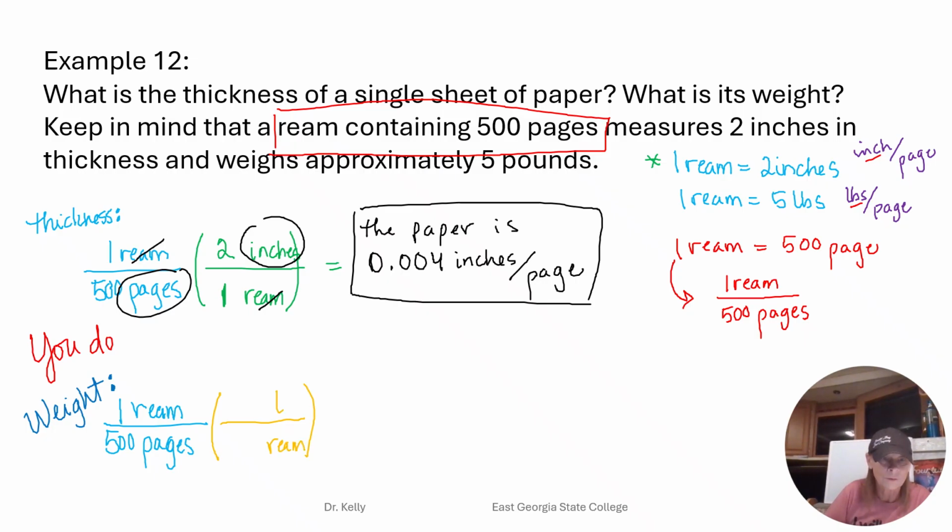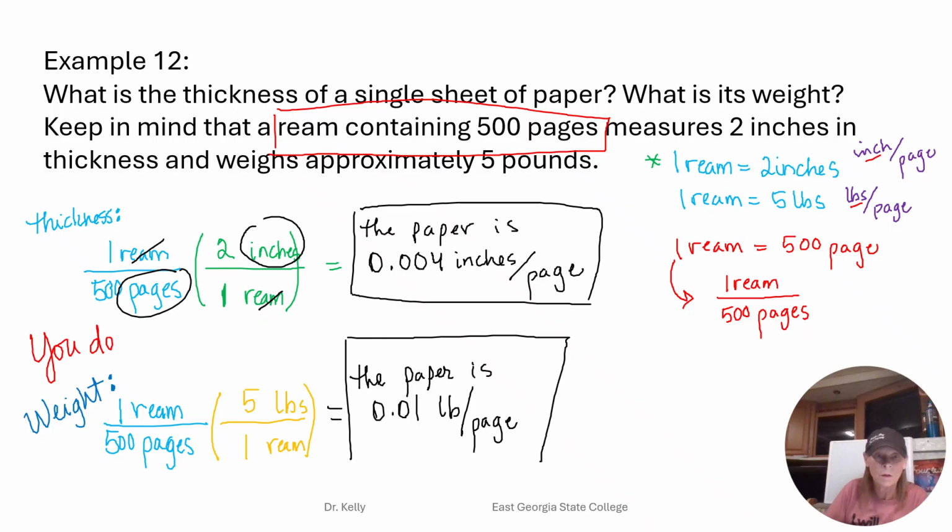We've got pounds. So 1 ream was 5 pounds. And when we do that math there, we get 0.01 pound per page. So 1/100th of a pound. All right, cool.